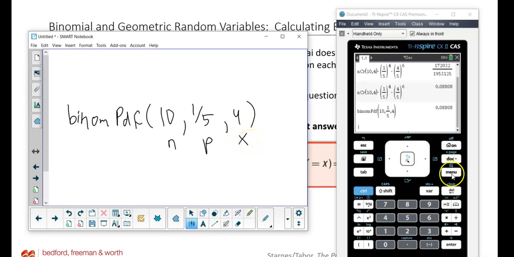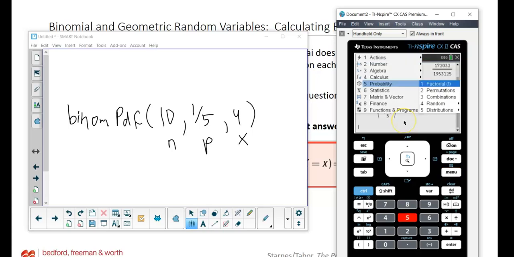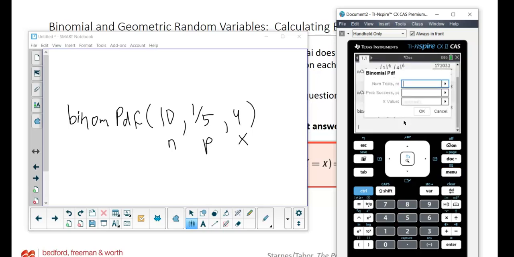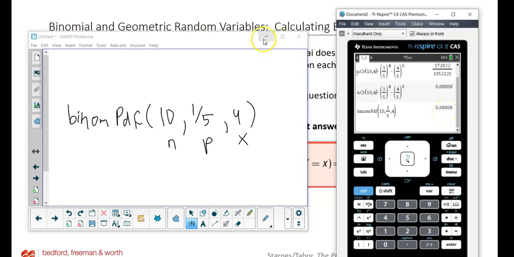Or again, if you want to look back at this menu, probability, distributions, you could put number of trials for the first one, probability of success for the second one, and the X value, whatever the calculator tells you for those. Notice we got the same answer, 0.088.